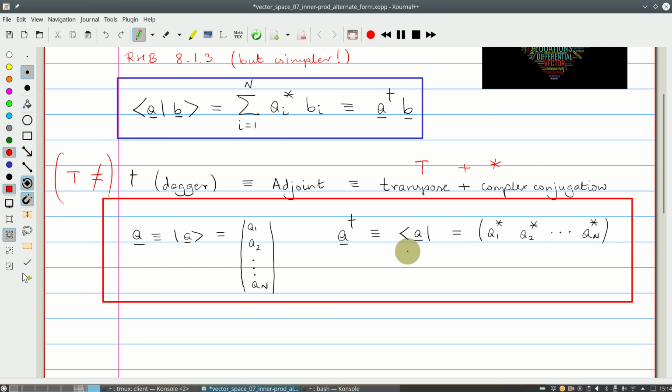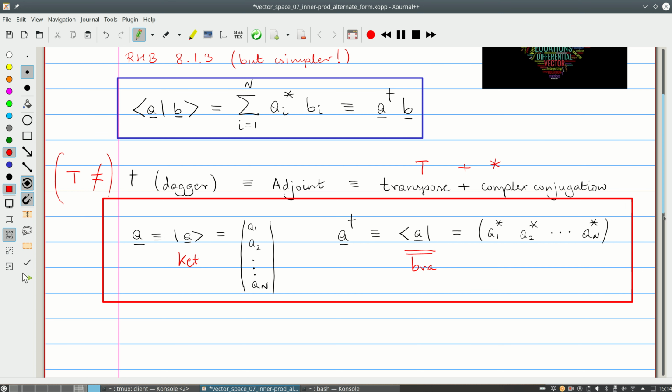And this is what is meant by the Dirac bra. So the vector in the bra side is the adjoint or the dagger of the vector in the ket side. So this is the ket and this is the bra. And together they can form the bra-ket notation for the inner product.